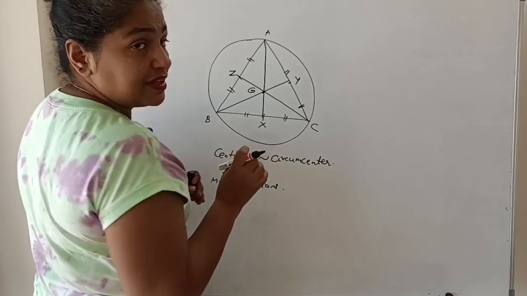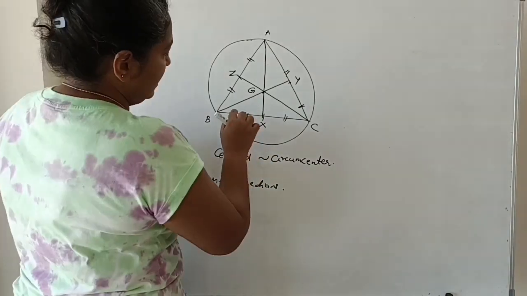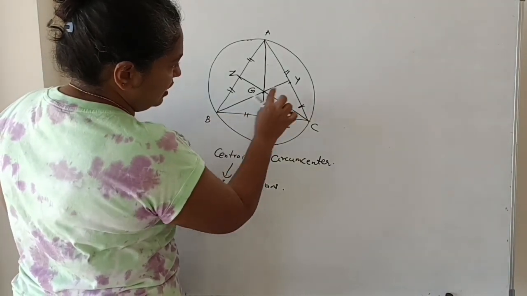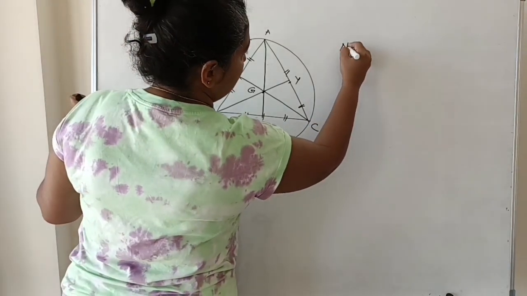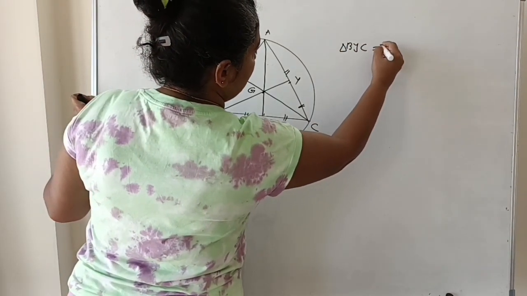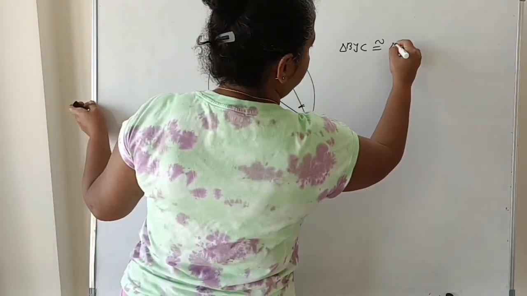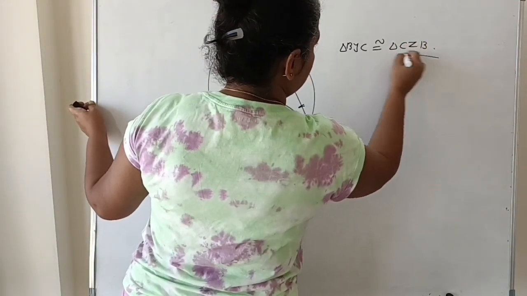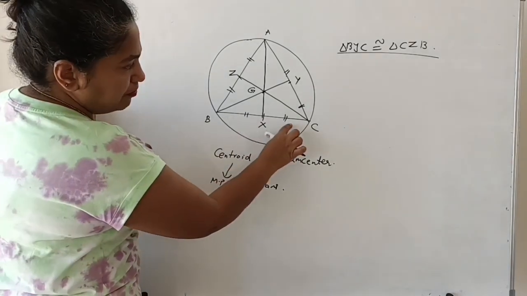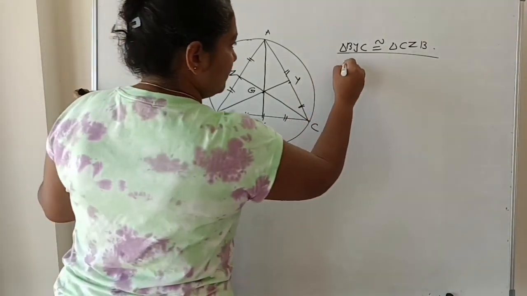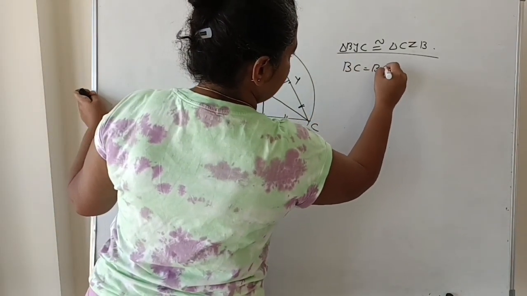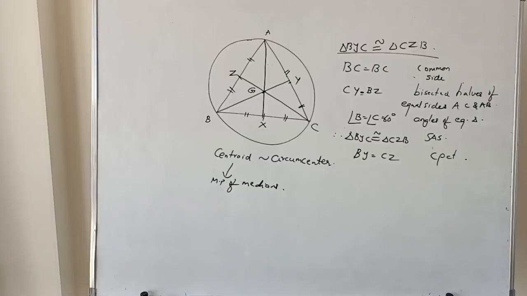Now, let us take congruence in order to show this. Let us take the triangles BYC and CZB. BC is a common side. So, as you can see, BC is a common side.